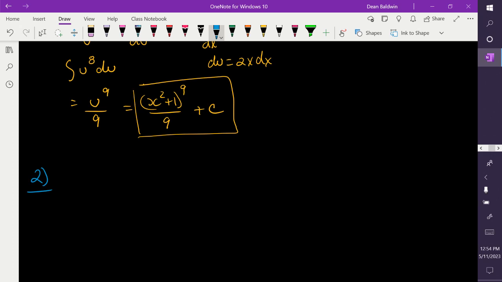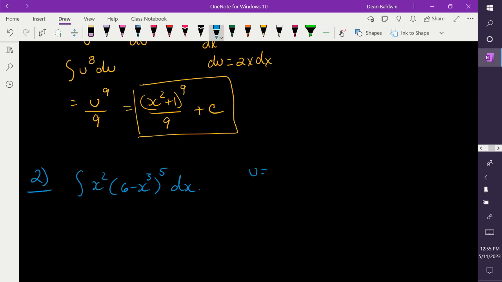Let's do x squared times 6 minus x cubed to the power of 5 dx. All right. What do you want u to be? 6 minus x cubed.